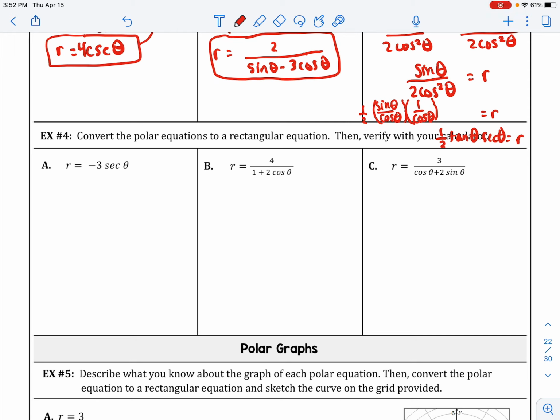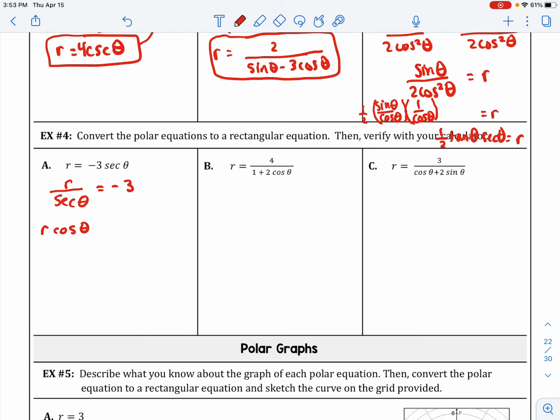Okay, convert the polar equations to rectangular, then verify with your calculator. So for this one, r divided by secant theta is -3. What we can do here, you're trying to produce either r cosine theta or r sine theta.